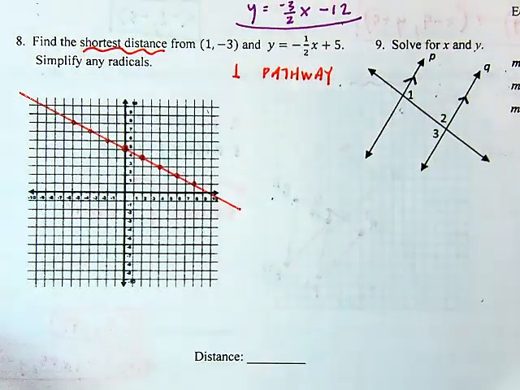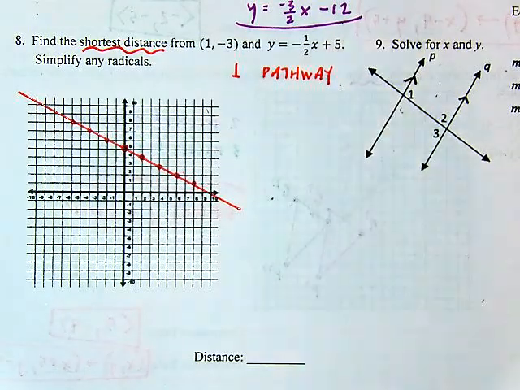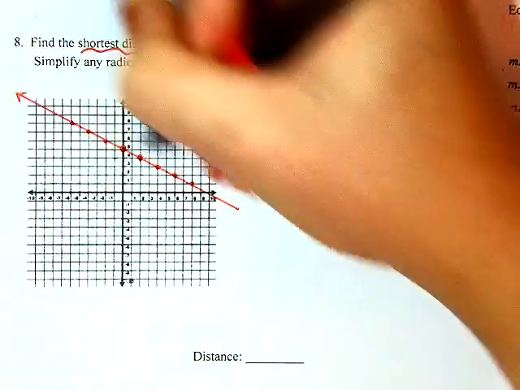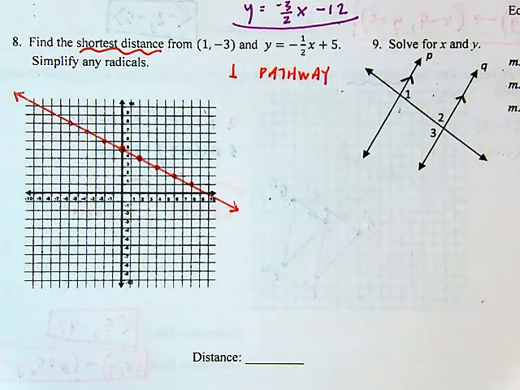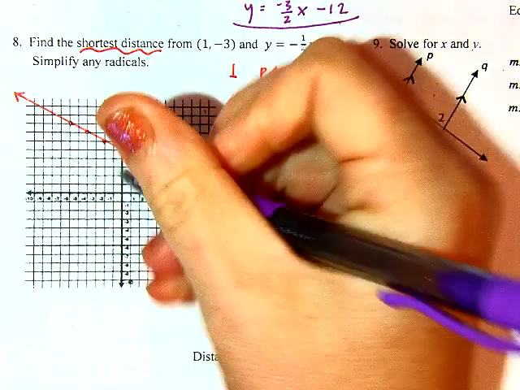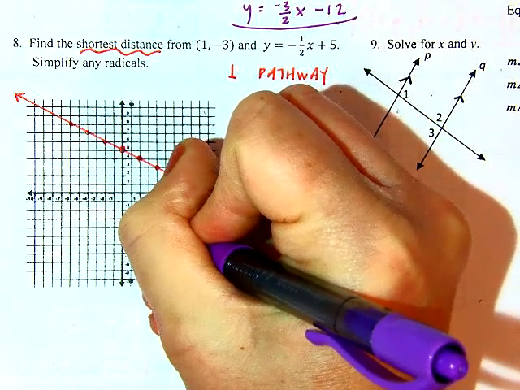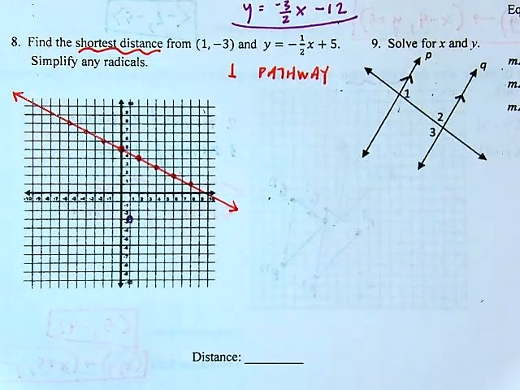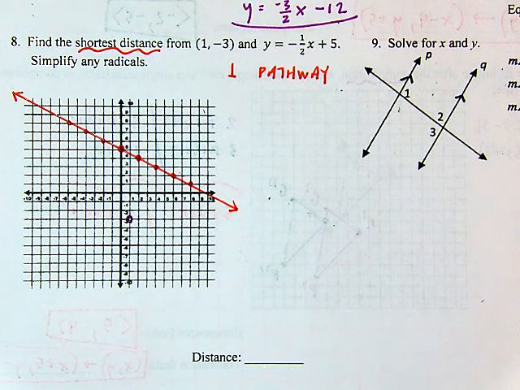All right, so here is my line. And then my point is 1, -3. I'm going to plot it right here in purple. The shortest distance from a point to a line is always that perpendicular pathway. So I'm looking for that segment and what its length is.